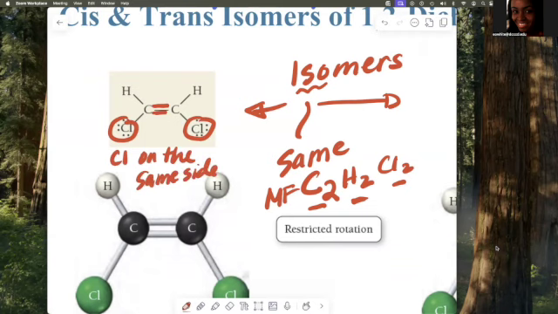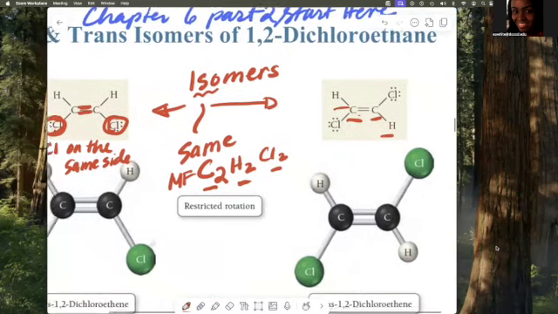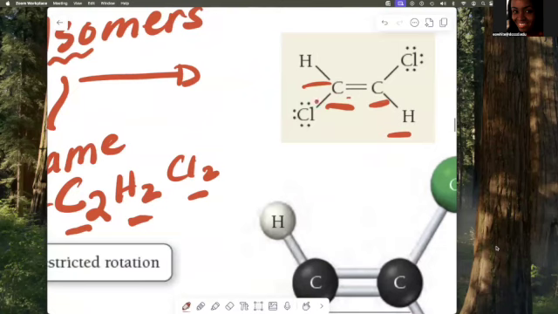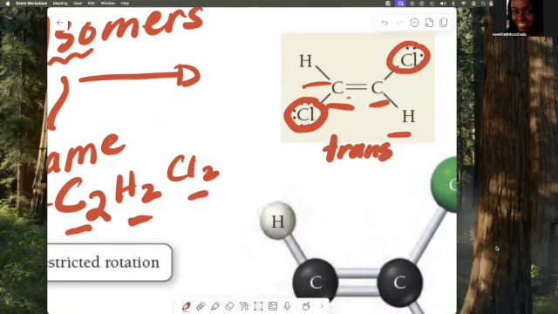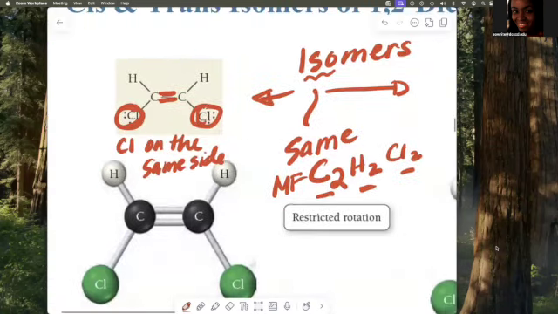Instead of having to describe it that way using a lot of words, that's mentally fatiguing, they call molecules like this cis molecules, where you have the groups of interest on the same side of the double bond, okay? When the groups that we are interested in are on opposite sides, you can see one here is below, one is above, we call this a trans molecule. So trans being opposite of the double bond, and then cis being on the same side of the double bond.